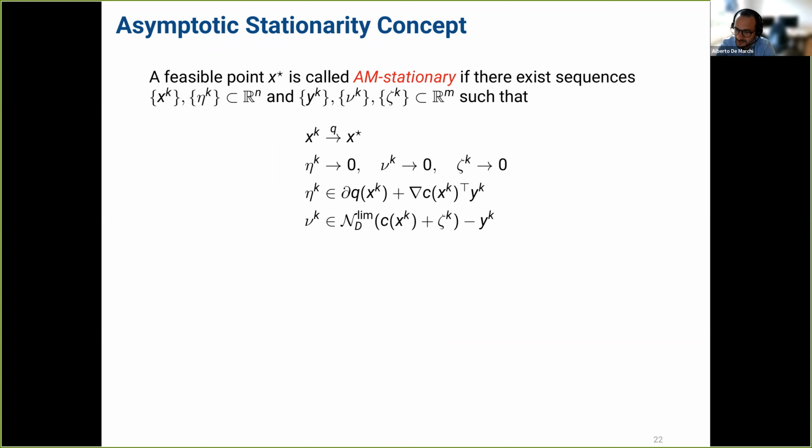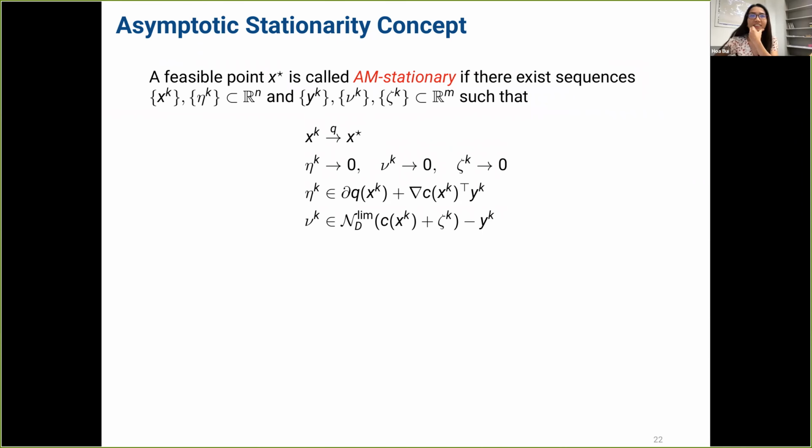So you just put this zeta to have something meaningful, otherwise the last line here doesn't make much sense. But then in the limit, when the points become feasible, the zeta^k disappears. Yeah, okay.